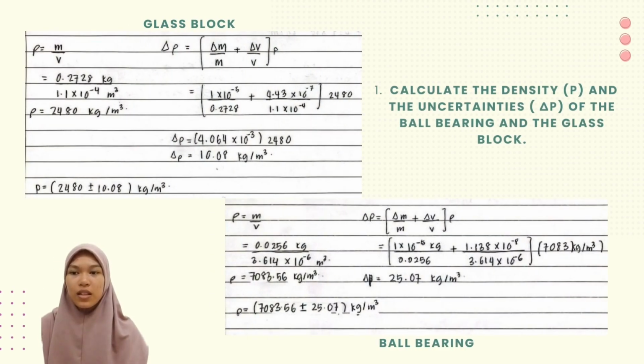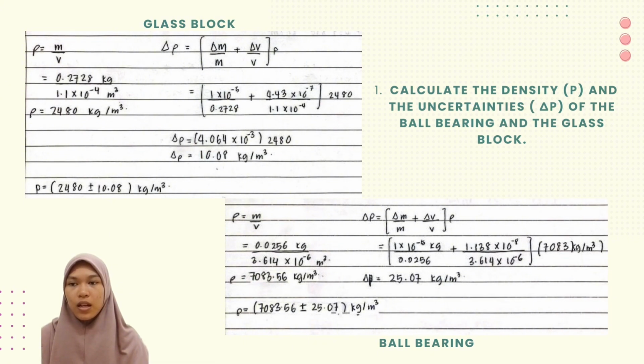Number 1, calculate the density and the uncertainties of the ball bearing and the glass block. For both objects, we use the density formula, which is mass over volume, and then we use the answer to search for the uncertainties for the ball bearing and the glass block. To search for the uncertainties, we have to use the density formula as well.